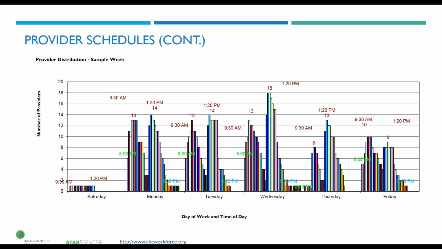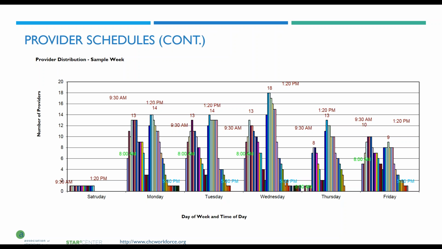And you can see they had a Saturday clinic, and they only had one person working consistently on that Saturday, all across the time period when they were open from 9:30 to 1:20 p.m. And then on Mondays, you can see they started with 6 providers. They peaked at 13 providers on Monday morning. And at 1:21 p.m., they have 14 providers. And then around 5, they would go back down to 1.